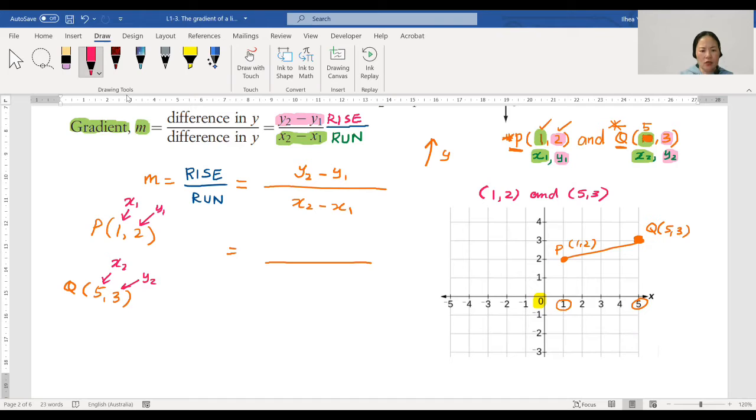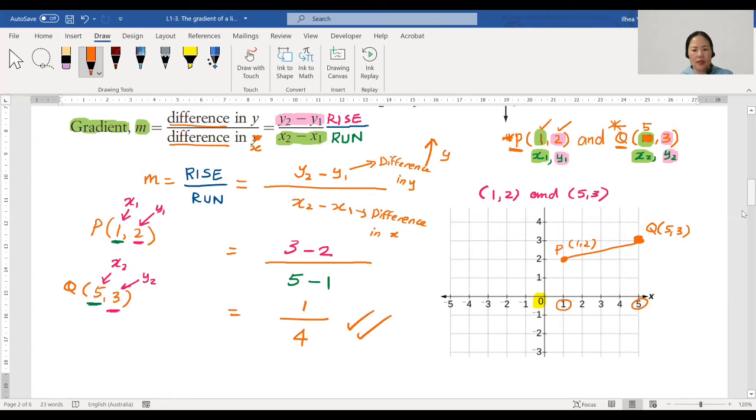So y2 is 3, take away 2. That's y2 minus y1. x2 take away x1, 5 take away 1. And when I tidy this up, 3 take away 2 is 1, 5 take away 1 is 4. So my gradient is 1 over 4.